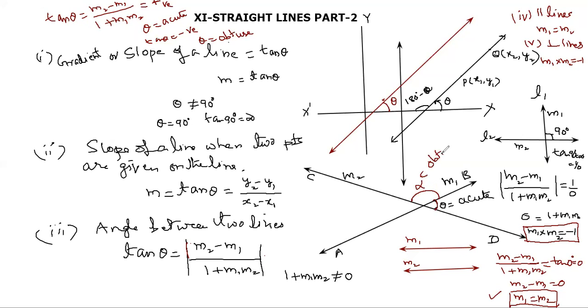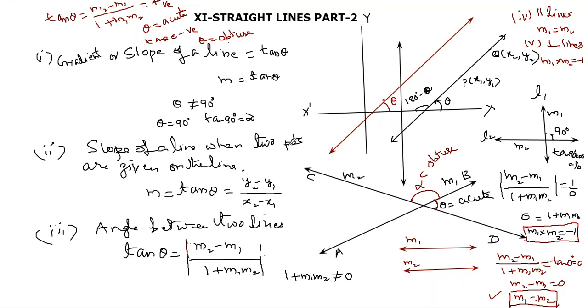So the lines make between them one acute angle and one obtuse angle. The question arises which angle we are going to get. This depends on the value of tan theta. If tan theta is positive, the angle is acute. If tan theta is negative, you get an obtuse angle. Okay, got it?